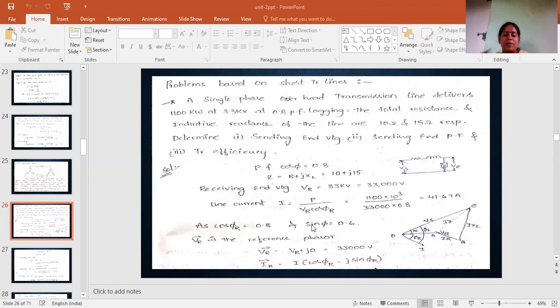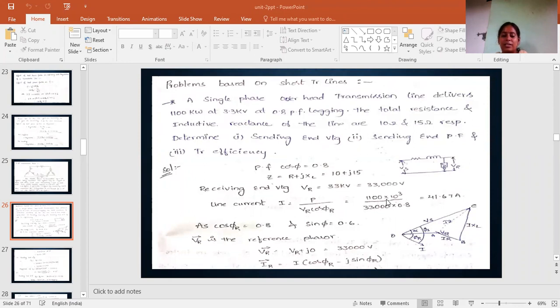Firstly, for finding the line current, we find out the line current. PR equal to VR IR into cos phi R. So IR equal to PR by VR into cos phi R. P value is 1100 kilowatts, which can be converted into watts.